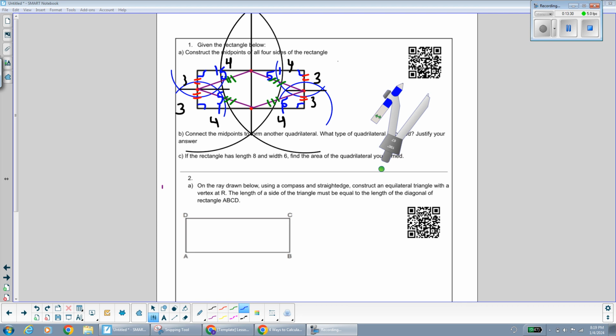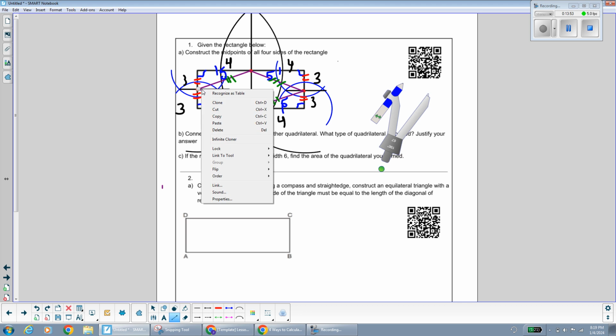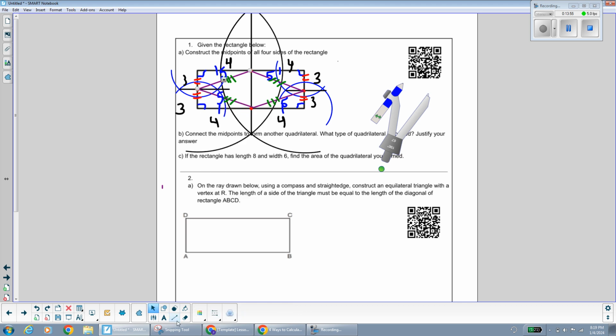One way that you can find the area of a rhombus is base times height. Although we have the base, we don't really know what the height is of the rhombus. A second way that you can figure out the area of a rhombus is you can multiply the 2 diagonals together and divide by 2. So let's do it that way. Let me just wait for my line tool over here to work.